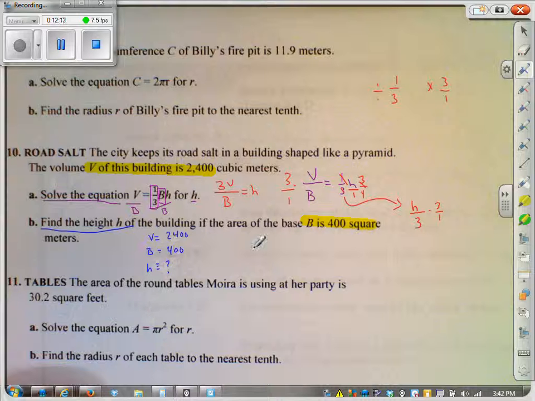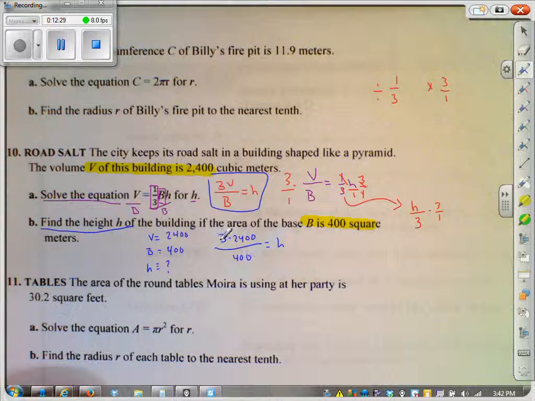So I plug it in to this new one that I have right here. 3 times 2,400 divided by 400 will equal the height of the pyramid.